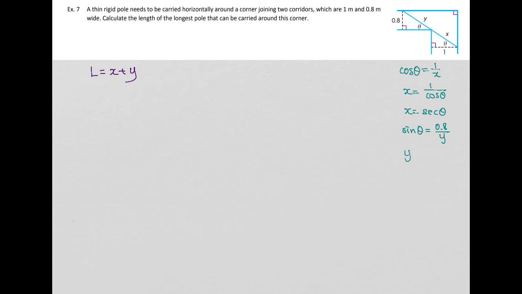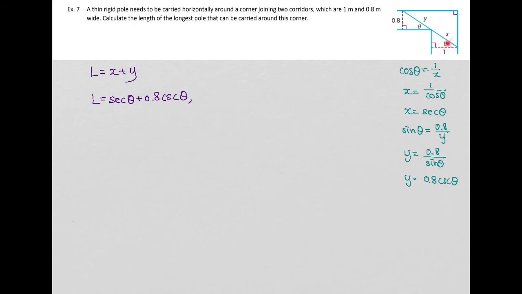That means y is going to be 0.8 over sine theta. So y is 0.8 cosecant theta. Let's rewrite our equation. L equals secant theta plus 0.8 cosecant theta, and let's find the domain.